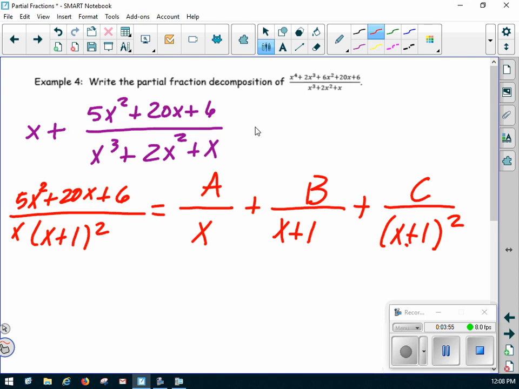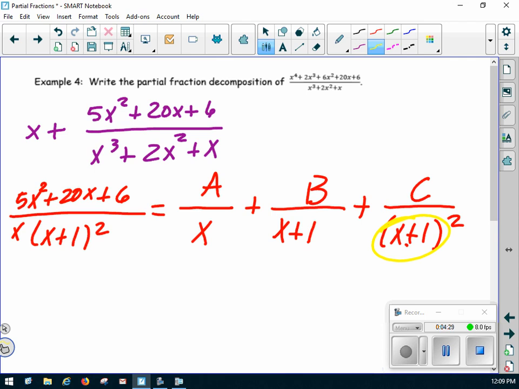I know. All I'm looking for is what's being raised to that power. That's what tells me if the numerator's linear, constant, whatever. What's being raised to the second power? X plus 1. X plus 1 is linear. So the numerator is going to have to be constant.